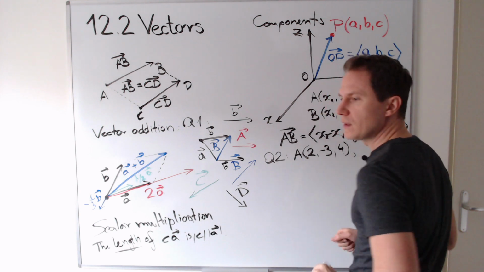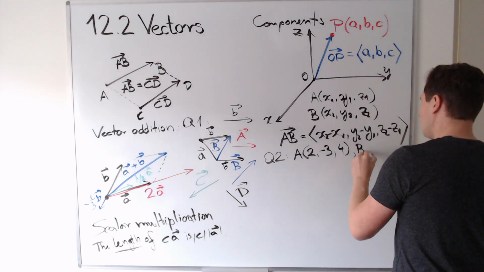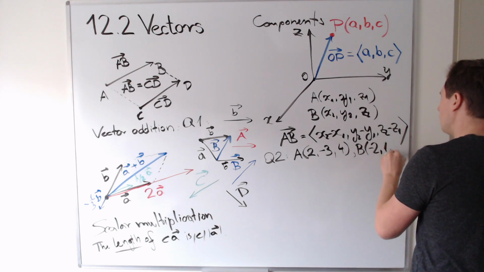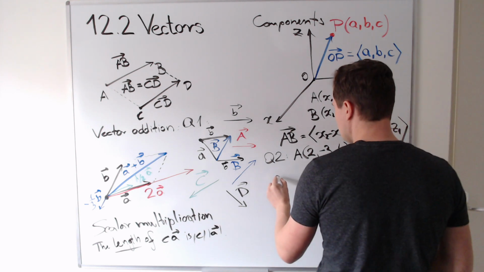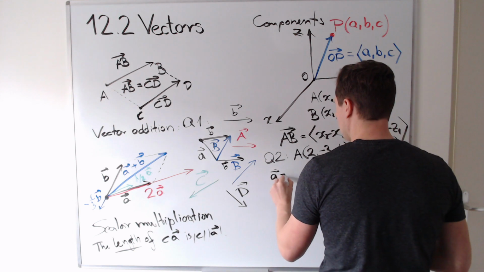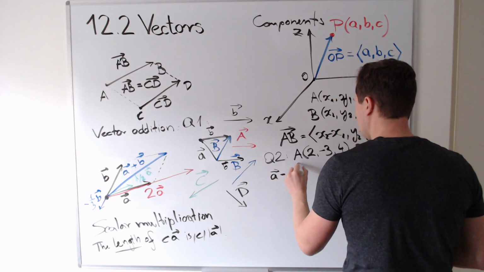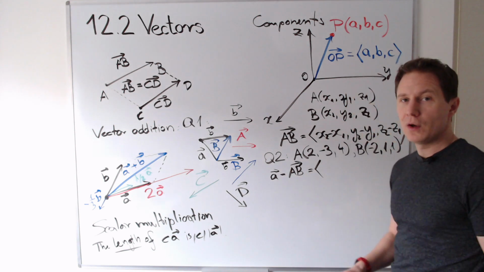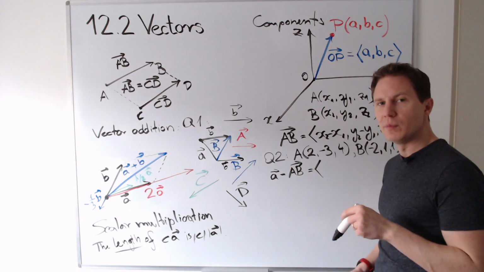That's the initial point, and the end point is B with coordinates -2, 1, and 1. Pause the video and input the components below.